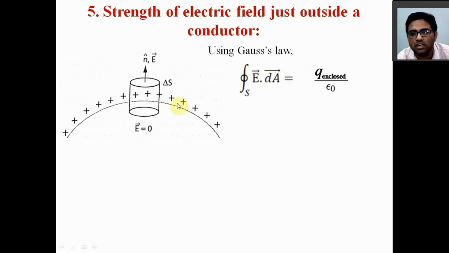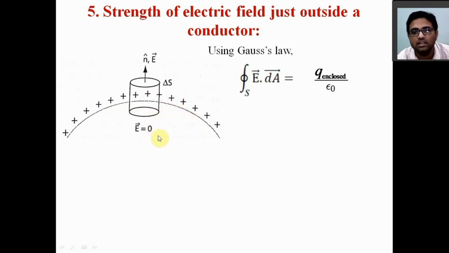Here delta S is the area of the flat surface of the Gaussian pillbox. Now as the electric field is perpendicular to the surface of the conductor, there will be no contribution in the flux from this curved surface of the Gaussian pillbox. Only contribution in the flux comes from the flat surface, which is delta S.